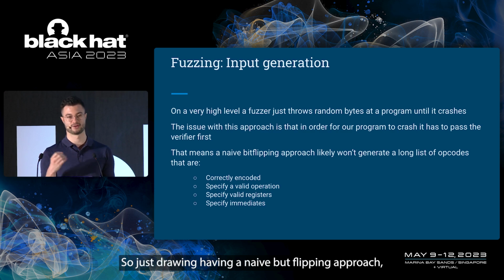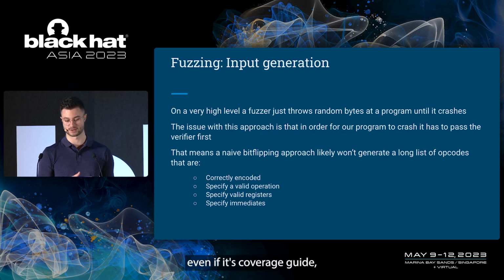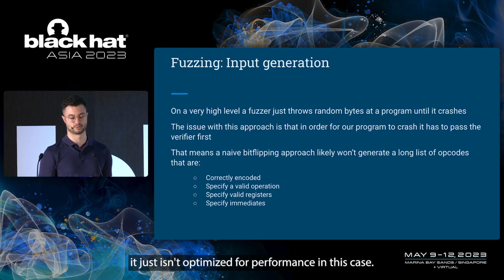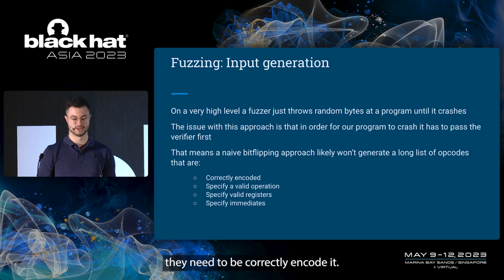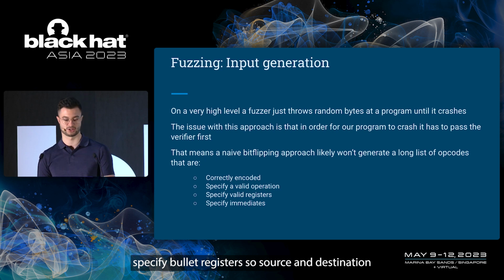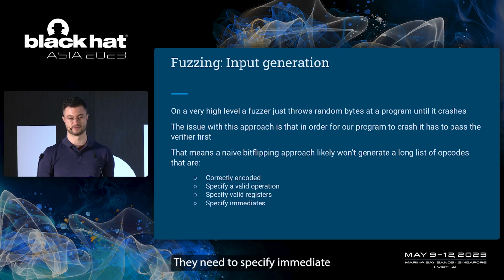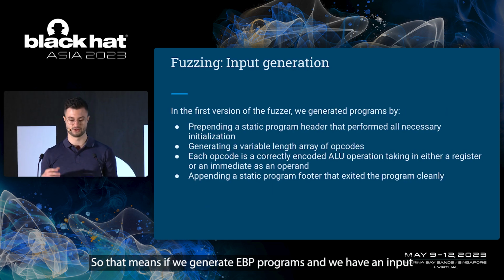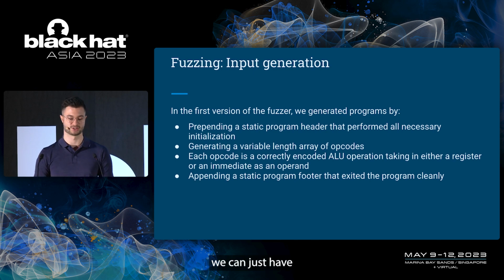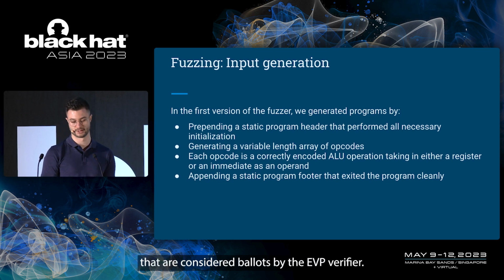So just having a naive bit flipping approach, even if it's coverage guided, isn't optimized for performance in this case, because if we generate a long array of opcodes, they need to be correctly encoded, specify a valid operation, specify valid registers, source and destination, or specify immediates that are inside of the allowed ranges. So if we have an input generator that's optimized towards this, we can have a higher rate of programs that are considered valid by the eBPF verifier.